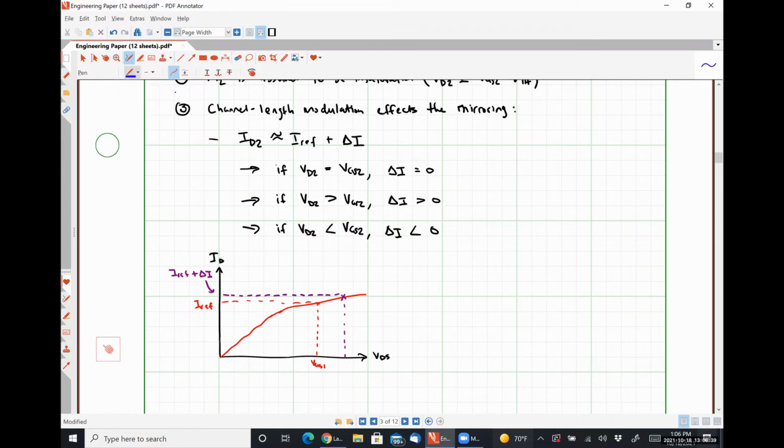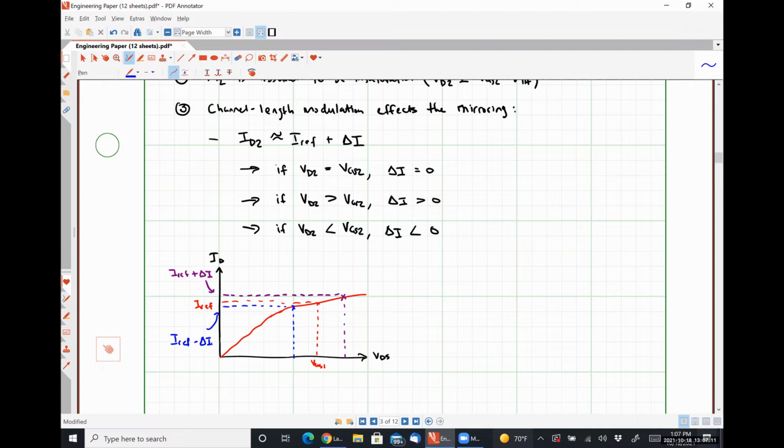Similarly, if we chose a place where our drain source voltage were slightly smaller than VGS1, we would see that we have IREF minus delta I, okay?